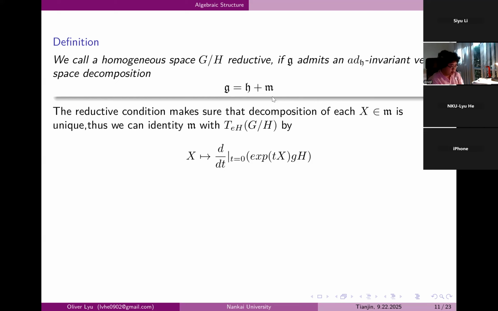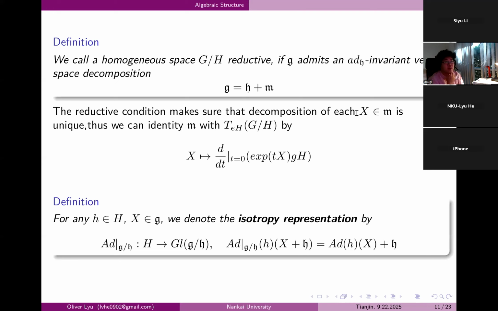In this case, the decomposition above is a direct sum as vector spaces. So we can identify M with G mod H, the tangent space of G mod H at identity, with this map. This is a one-to-one correspondence.